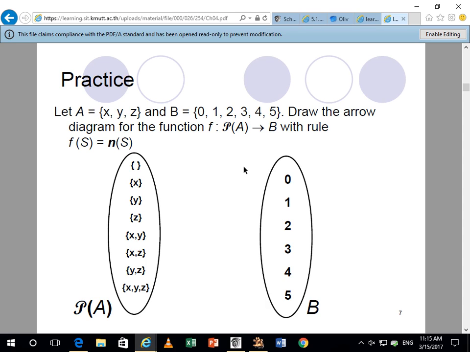So if you see the function, the rule is when you map input S, the function is the number of elements of the set S. And the number of elements is an integer, a natural number. Could be no element. So this has no element. This maps to 0. This has 1 element, 1 element, 1 element, 2, 2, 2, 3 elements.